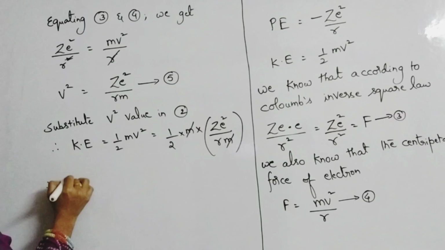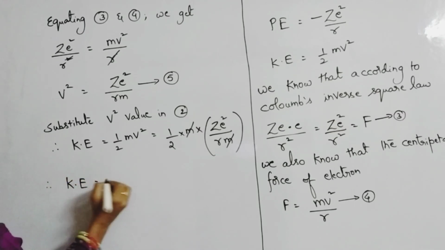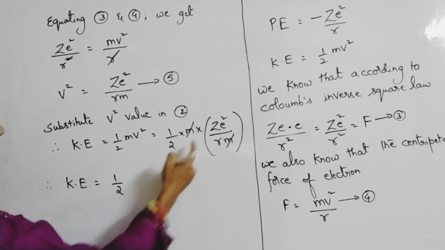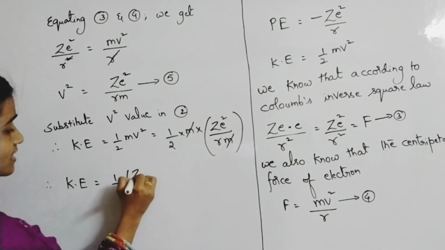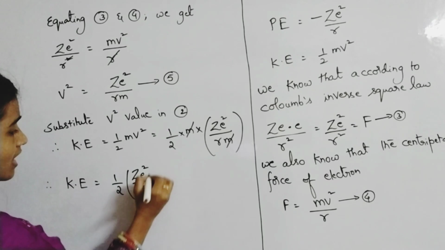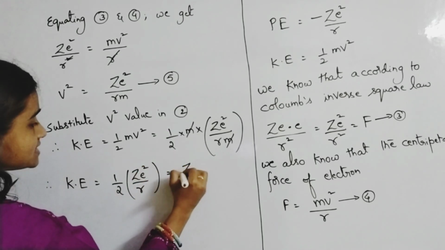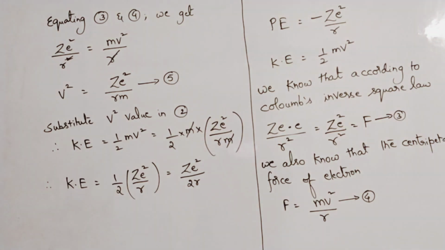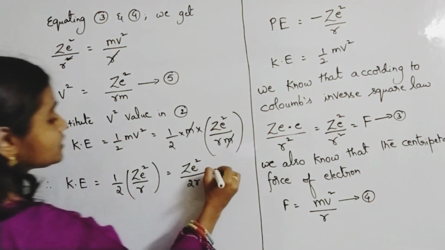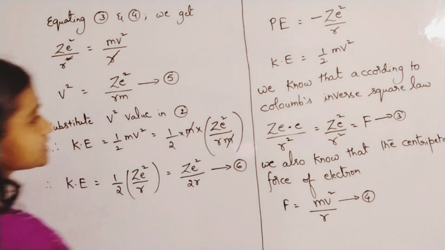Therefore KE value is half into Ze square by r. Only m gets cancelled, so Ze square by r is left over. So that is equal to Ze square by 2r. This is the kinetic energy value. Take it to be equation number 6.